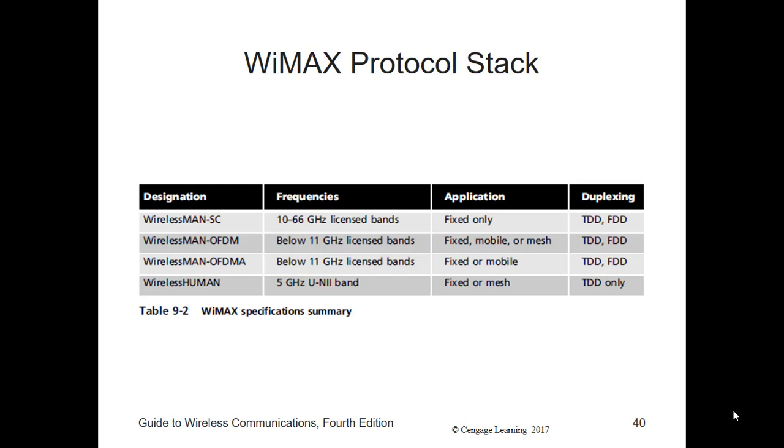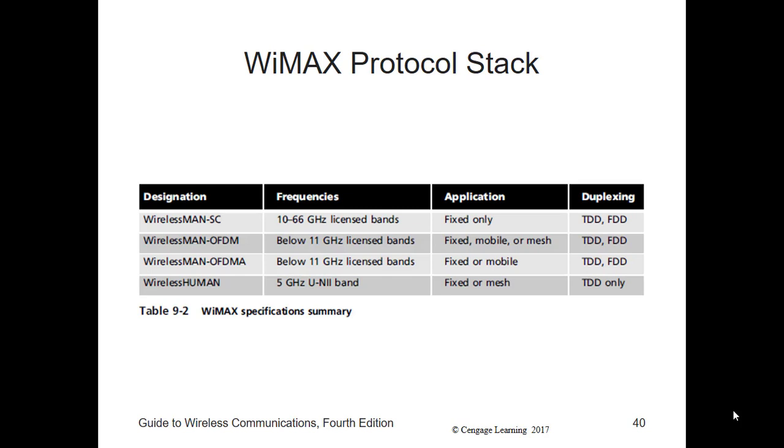In addition, in order to meet the regulatory requirements in different countries, as well as to optimize the use of the spectrum, the 802.16 standard allows transmitters to use frequency bandwidths of a minimum of 1.25 megahertz up to a maximum of 20 megahertz. Now, here you can see WiMAX specification nomenclature. Frequencies used, the applications, and duplexing alternatives are all listed in this table.